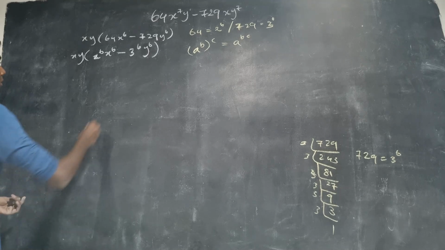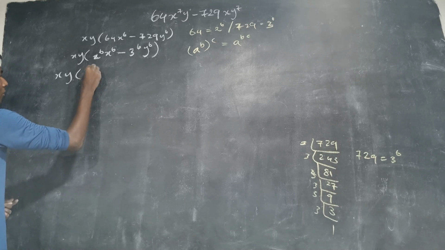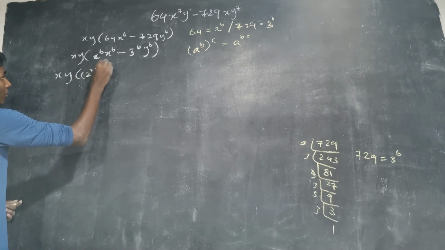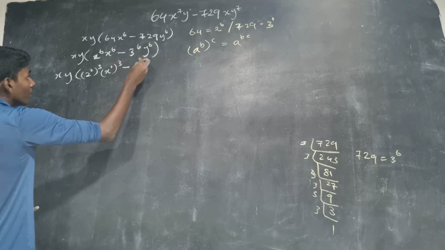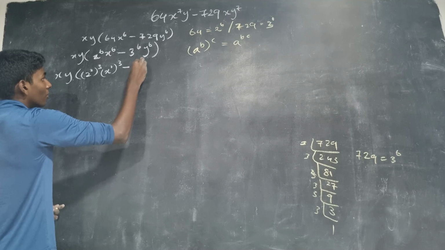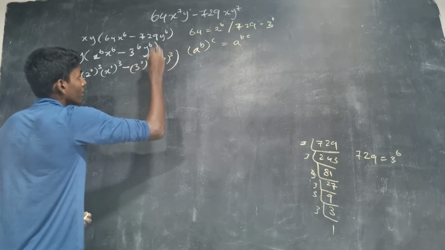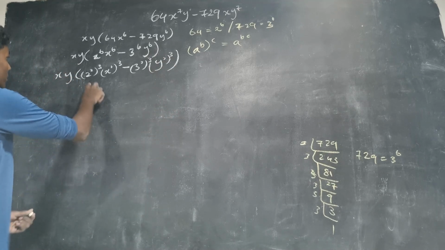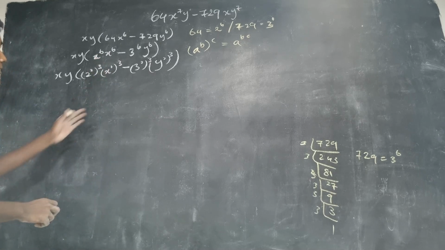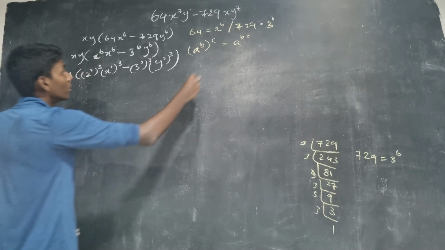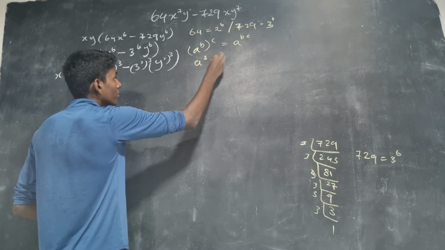So likewise we can write 2 to the power of 2 times 3, x to the power of 2 times 3, minus 3 to the power of 2 times 3, y to the power of 2 times 3. You can see 2 multiplied by 3 is 6. Like that we can write this whole thing, and this theory like this.